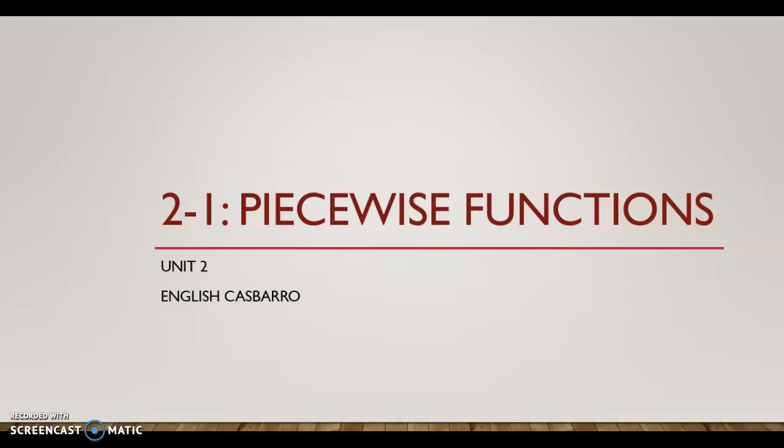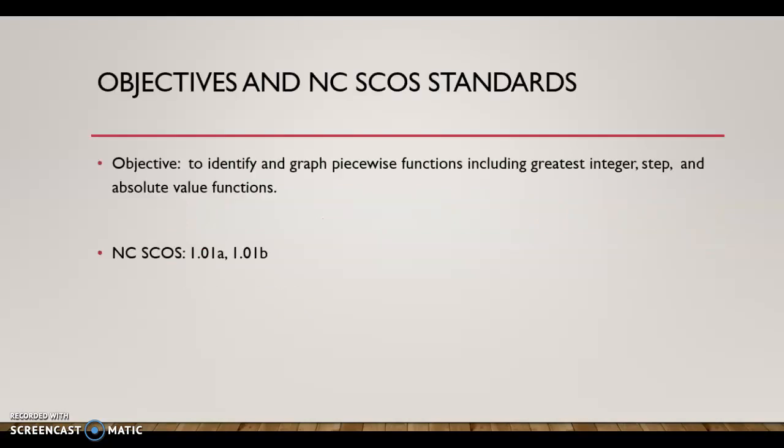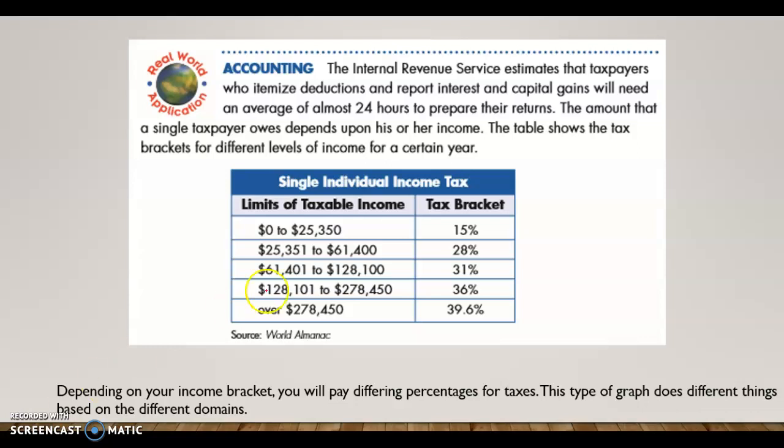So here is the 2-1 piecewise functions. This right here is an example of a type of piecewise function. It's called a step function because from this point to this point, you're at 15%. But then when you go to the next point, from here to here, you jump up to 28%.